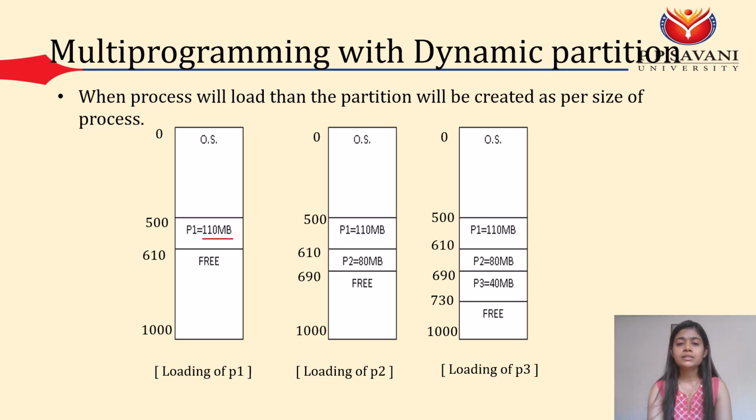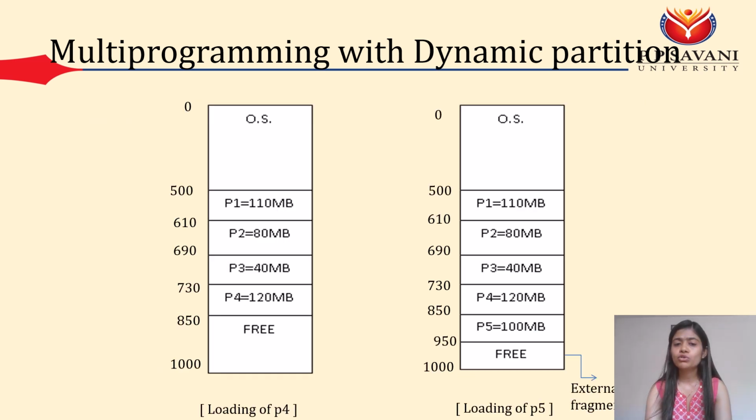According to the size of that particular process, the next partition is created, that is 610 to 690, and the remaining memory is free. In the same way, P3 is loaded, likewise P4 and P5 are loaded. After that, for P6, we don't have sufficient memory available in the main memory.